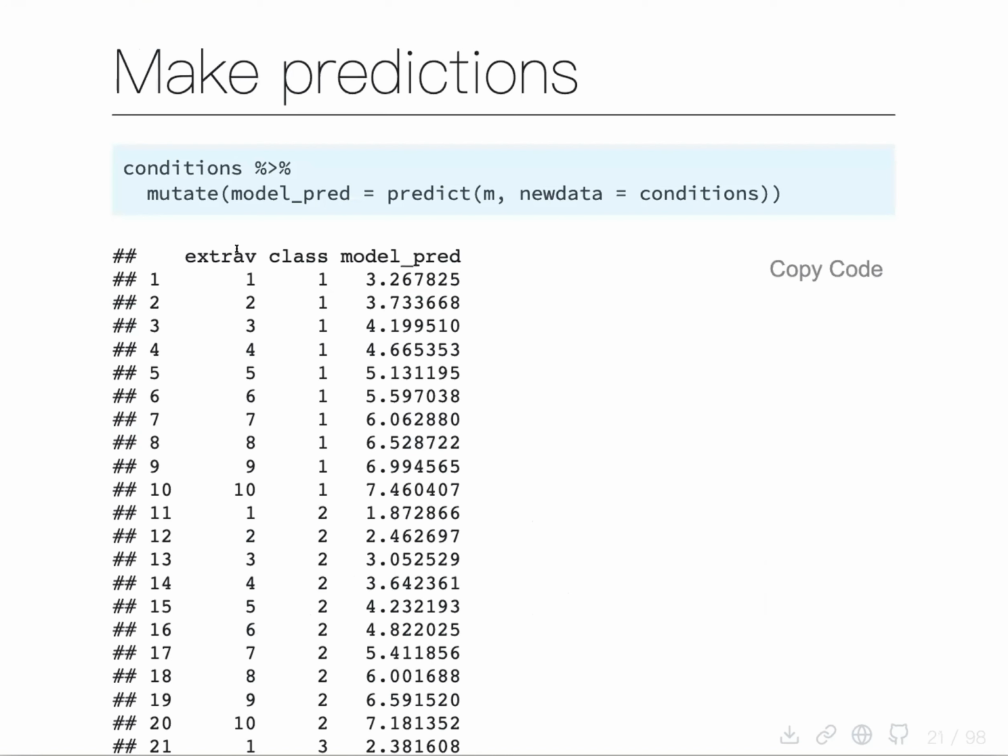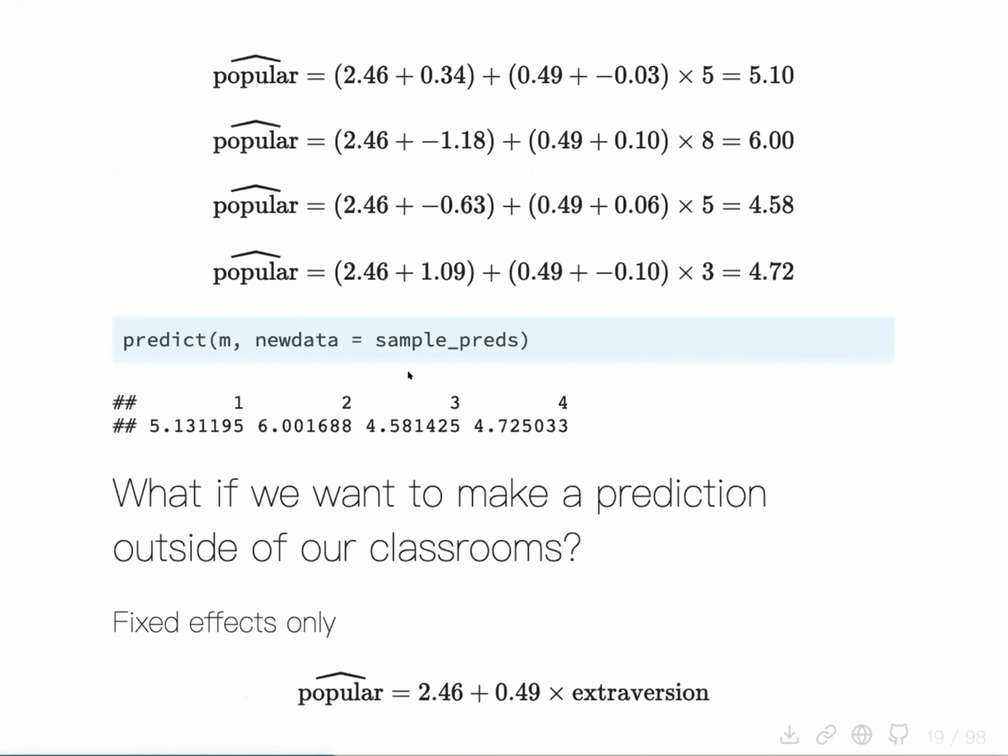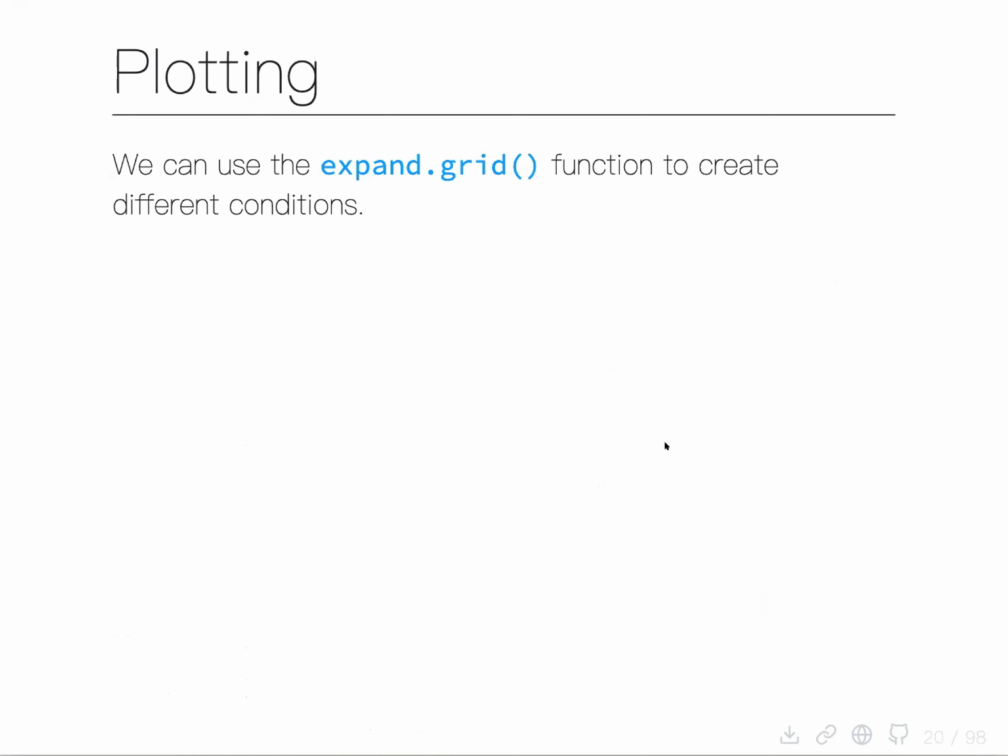Okay, so our data frame looks like this again, right? Extroversion 1 to 10, 1 to 10 for class 1, 2. I should have gone 0 to 10, but I didn't. And then we're going to say, okay, predict from my model what we would get for these data. All this is going to do is run through this for each of these.